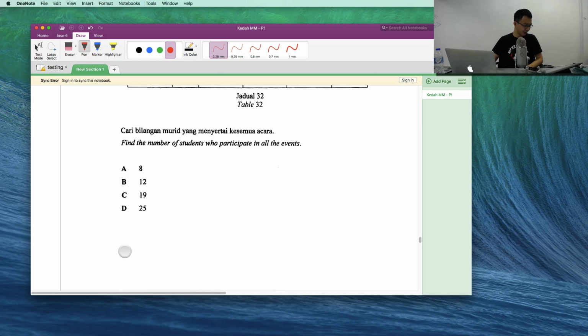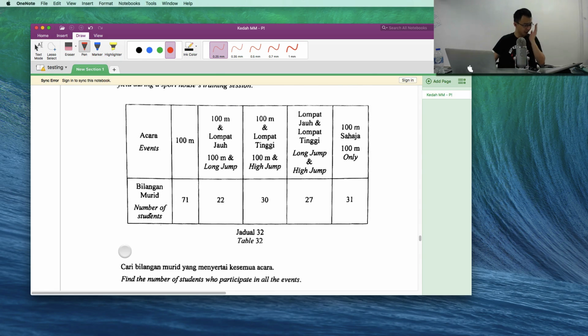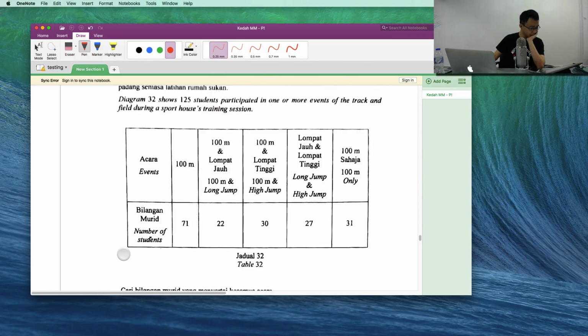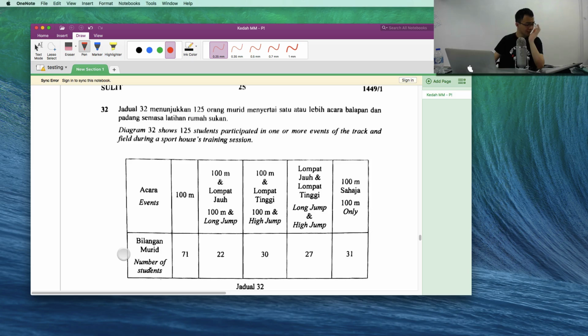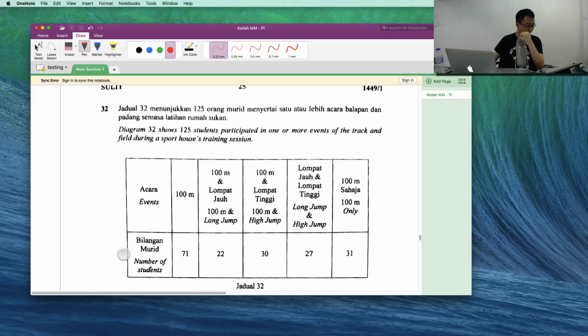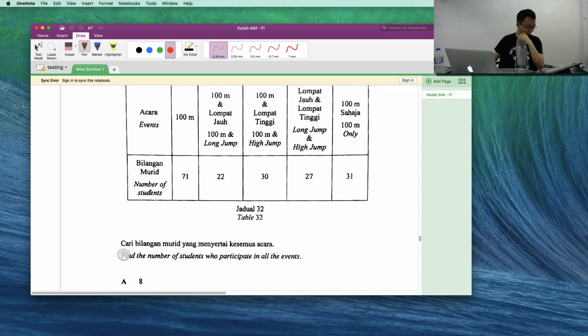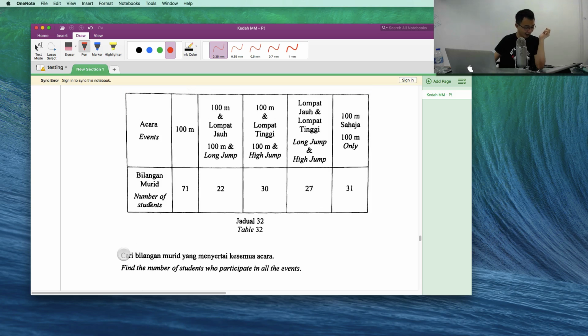You just take the minimum number, isn't it? Find the number of students who participate in all these events. Oh, okay. I get it.